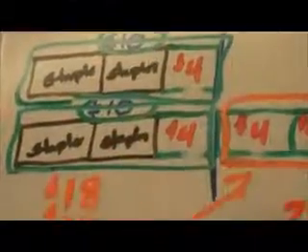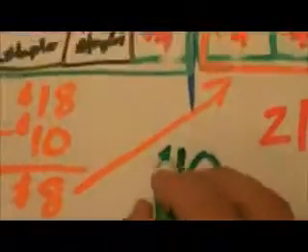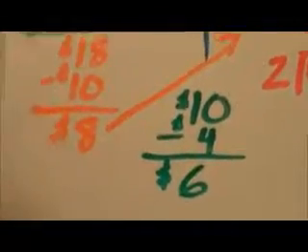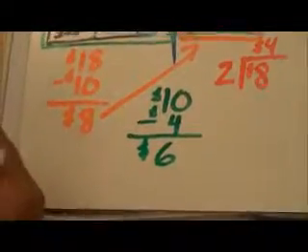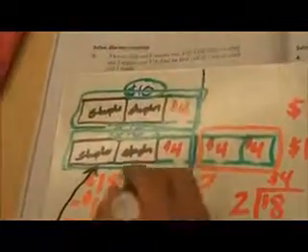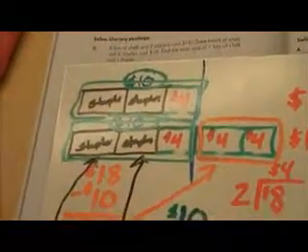So I'm going to take my $10 this time, and I'm going to subtract my $4, and I'm going to end up with $6. Now the $6 actually takes the place of 2 staplers.